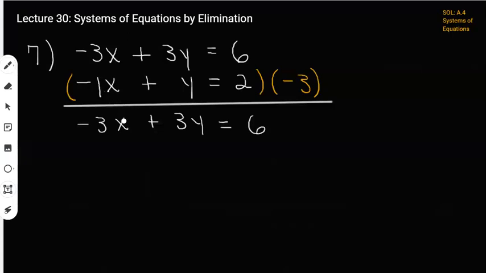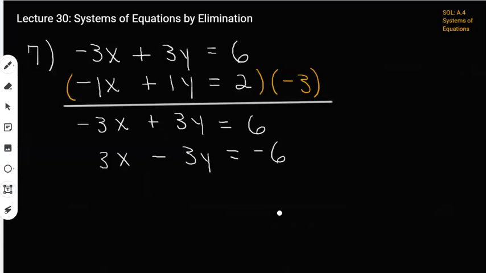This -1 is going to get multiplied by -3 to get positive 3x. And this positive 1y is going to get multiplied by the -3 to get -3y. And then over here, I have a 2, obviously. So 2 times -3 is -6. Now, notice that the numbers match up.